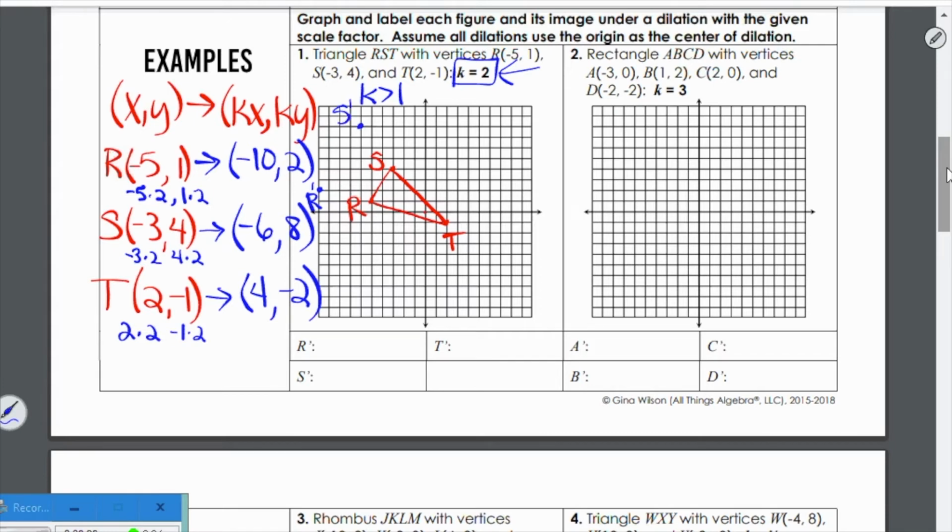And T prime will be 4, -2. Okay, and I'm going to go ahead and draw that. And notice my blue triangle is larger. My angles would be congruent, and my sides, if I could figure out the length of them, would be proportional.